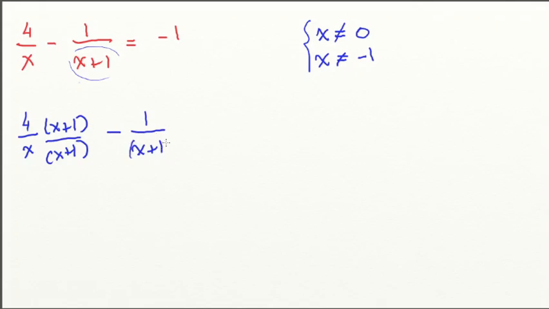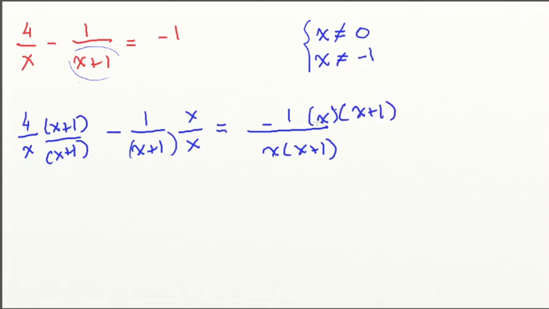Now the second term, I will have to multiply by x, and x on top and below, so nothing changes. The number on the other side, since I have multiplied, I need to get x times x plus 1 down here. I'll have to multiply on top by x plus 1. I didn't need a bracket here, but you get it.